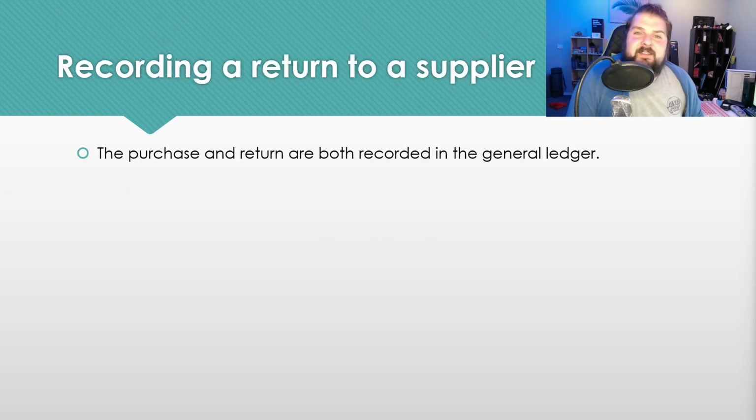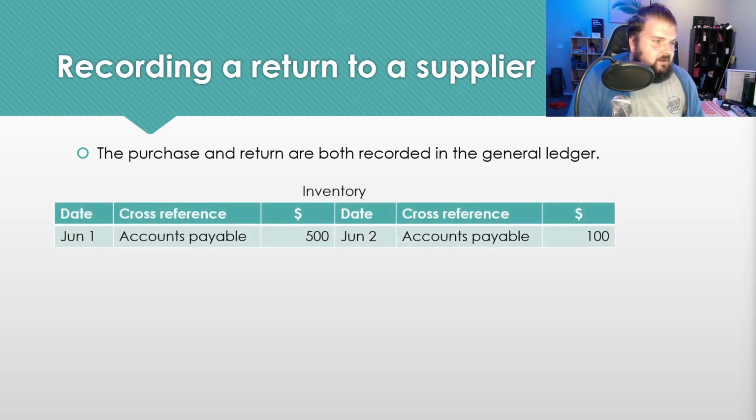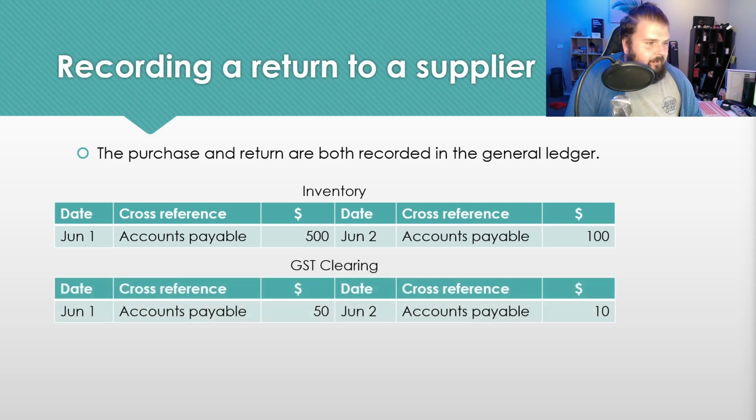Now, when we look at this in the general ledger, it just shows the 2 entries. So looking at the inventory account, we've got the inflow of inventory for $500, and we've got the outflow the next day. Same with our GST clearing.